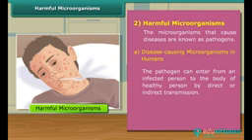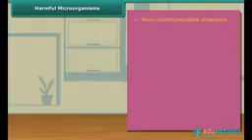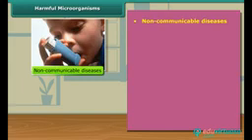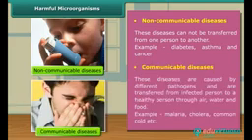We can classify diseases into two categories: non-communicable or non-infectious diseases, and communicable or infectious diseases. Non-communicable diseases cannot be transferred from one person to another, while communicable diseases are transferred from an infected person to a healthy person by means of air, water, food, etc.